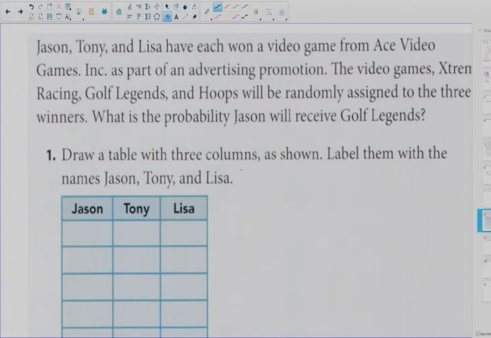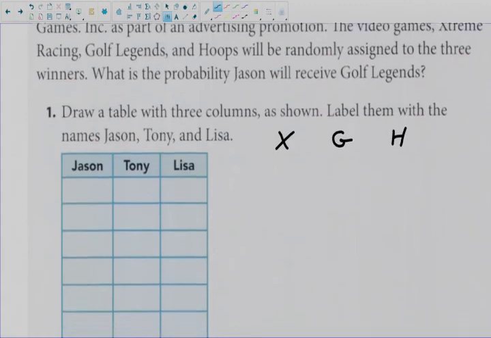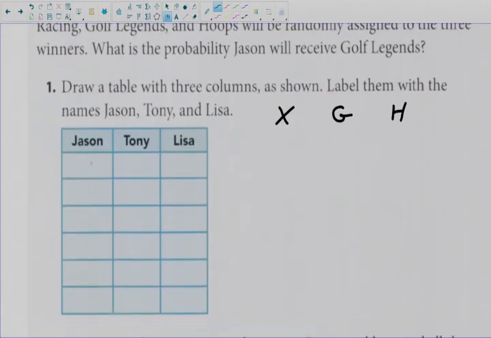So let's call Extreme Racing X, Golf Legends G, and Hoops H. What are all the different combinations of those 3 letters that can be given to Jason, Tony, and Lisa? Well, I'm going to start with X.